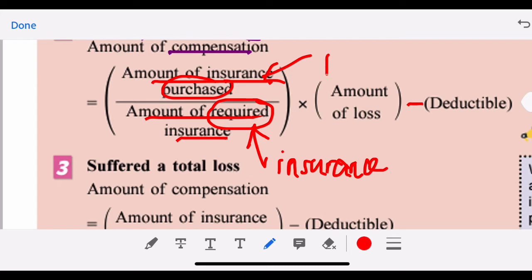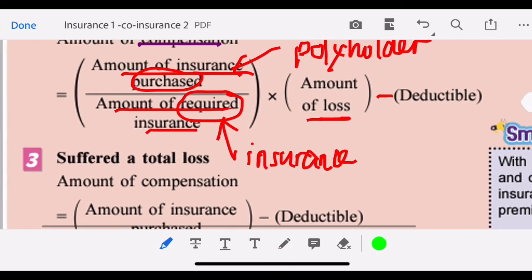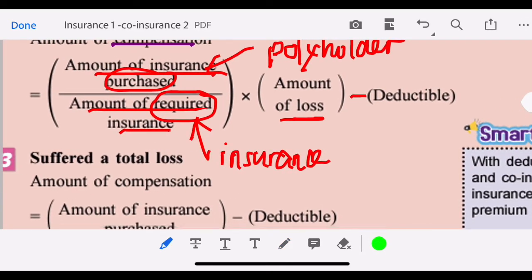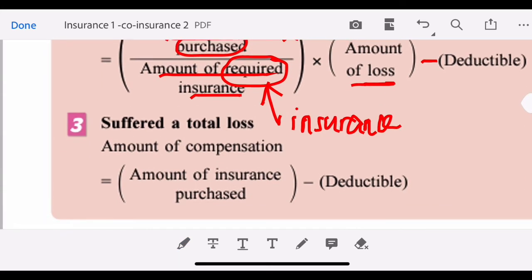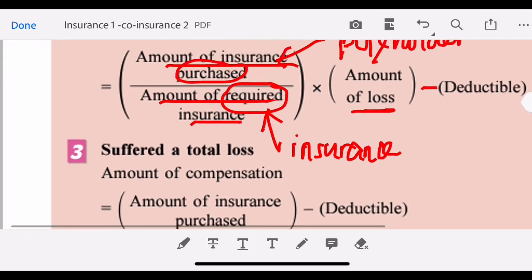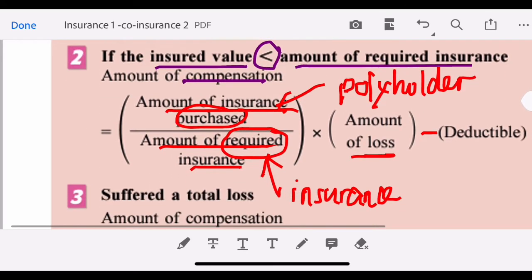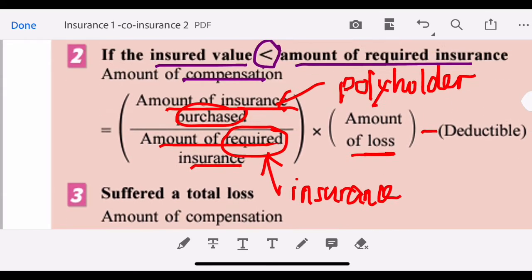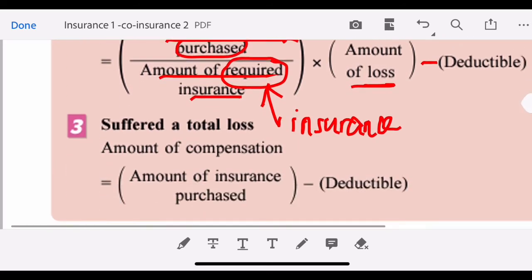It is up to the policyholder to decide the amount of insurance purchased. The amount of loss is fixed after calculation, minus the deductible, which is determined by the insurance company and has to be borne by the policyholder. So we have 3 cases.